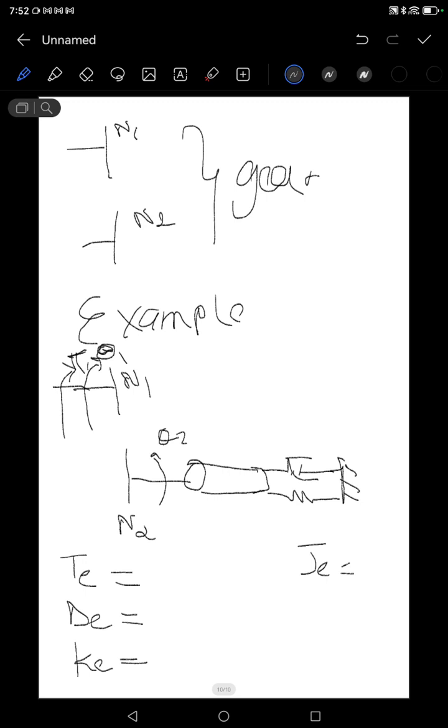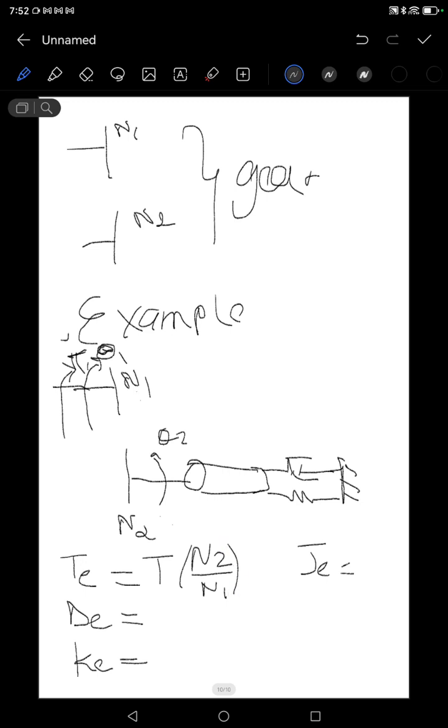This gear is moving from 1 to 2. When we write the ratio as a fraction, it is going to be N2 over N1. So the total torque here is this torque multiplied by the number of teeth of the gears. It's moving from 1 to 2, so in ratio form it's going to be N2 over N1, like this.